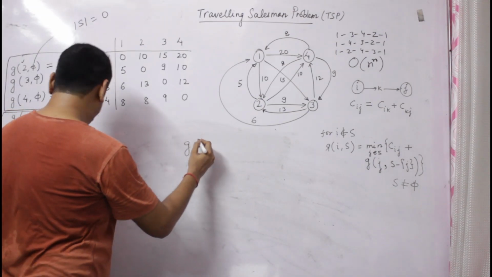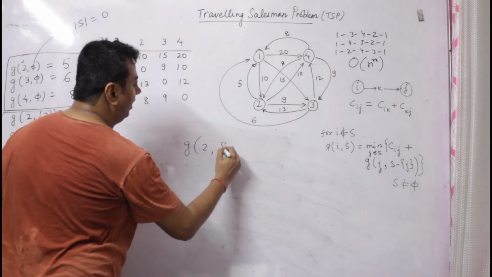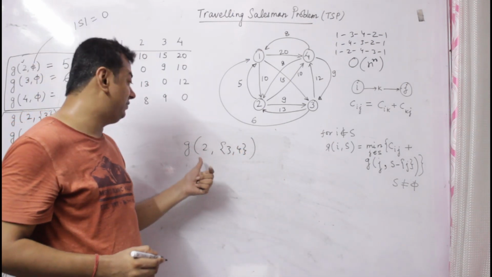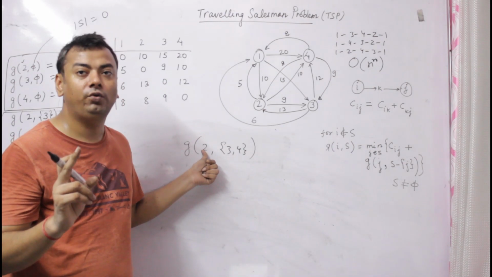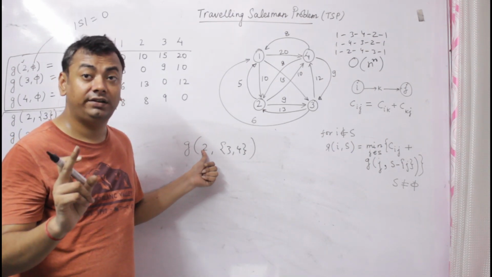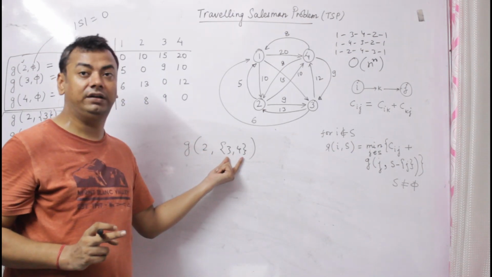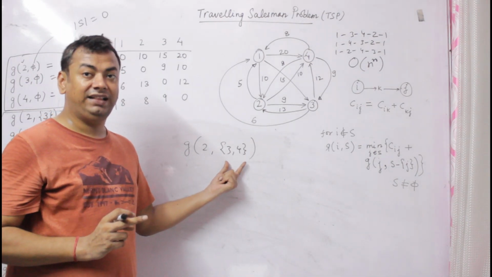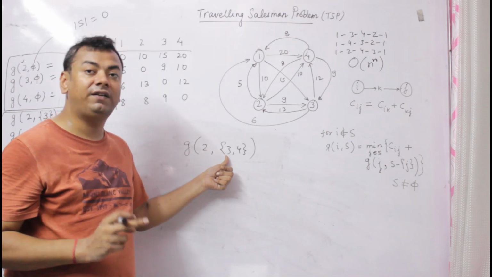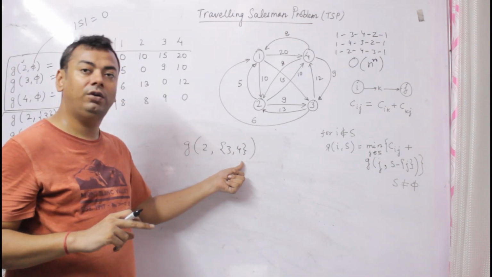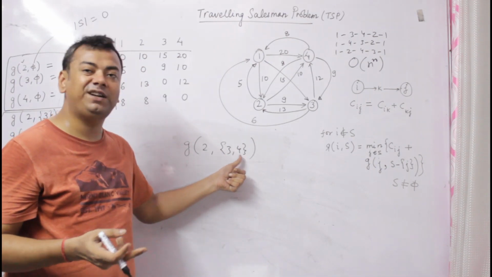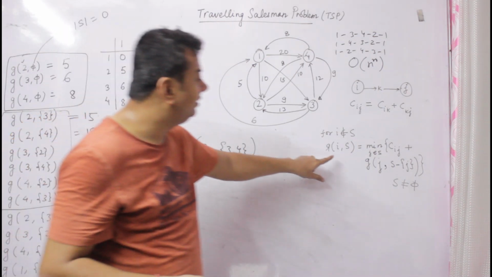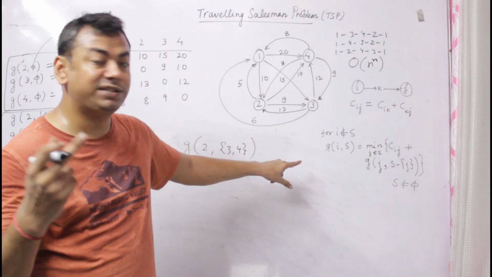Now next is G(2, {3, 4}). What does this mean? You are at node 2 and you have to cover both these nodes. The choice is either you cover 3 first and then 4, or you cover 4 first and then 3, and you select the minimum out of them. Select the path which is minimum.